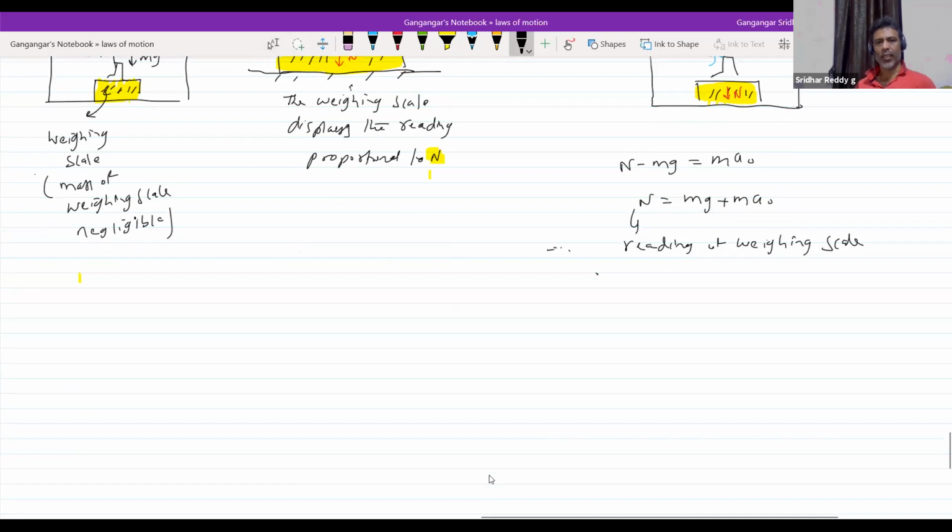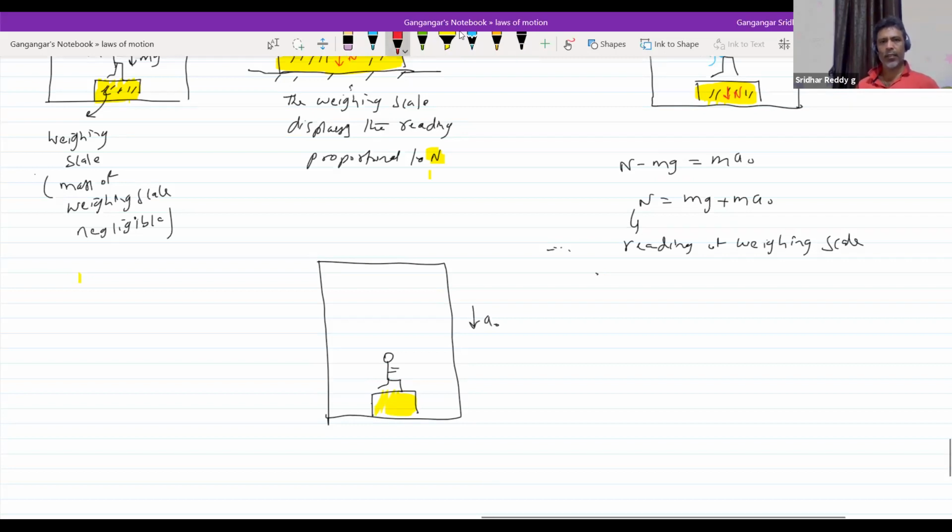Let me introduce one more case here. If the lift descends down, and the person is there. So in this case, it will be the normal reaction, and the weight mg.